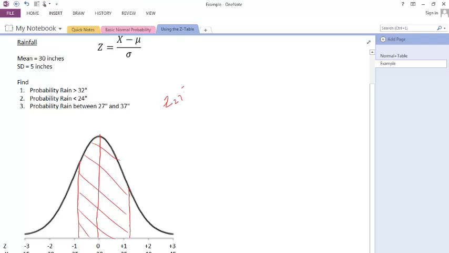The z-value of 27 is negative 0.6, and the z-value of 37 is 1.2. So let's go ahead and look up the probabilities of these.